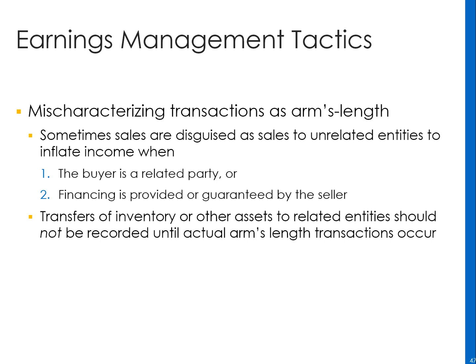Other considerations: we have to analyze whether the transaction is an arm's length transaction. Sometimes some sales terms are disguised, or it's not a sale at all. For example, the buyer is a related party. You can sign as many sales contracts with your related parties to boost revenues, but it doesn't help because very likely the two parties are going to sign a buyback agreement.